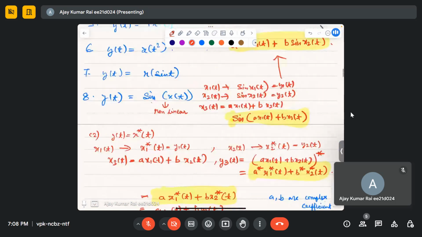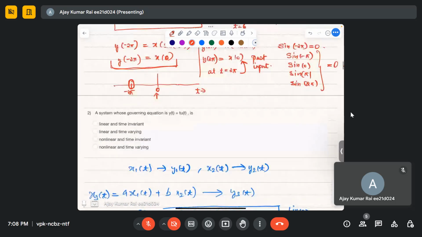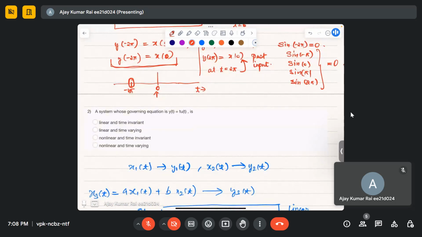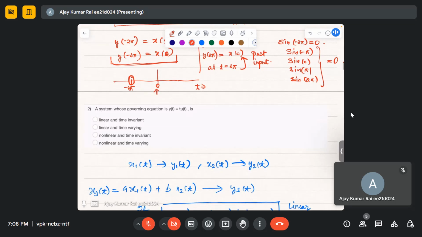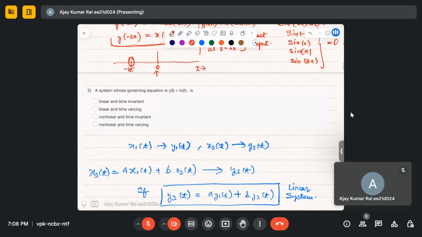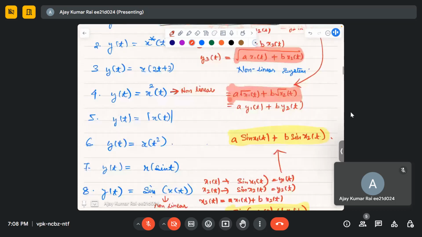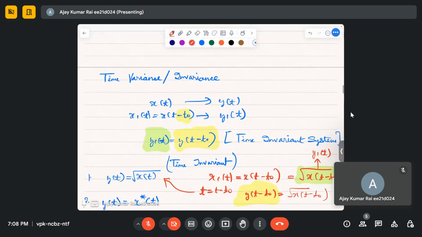Okay, so let's do the main question here. A system whose governing equation is y of t equal to t into u of t. Let me do it last.